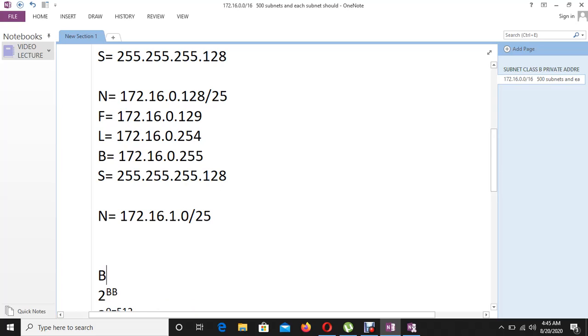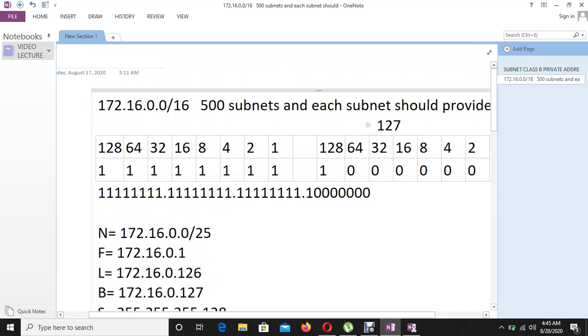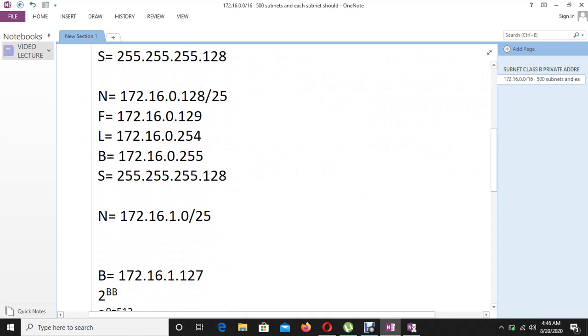So your broadcast address here is 172.16.1.127, simply because you are adding 127 throughout, because this is the value that stands as the sum of the bits remaining. So it's the one that you have to keep dealing with. So 127.